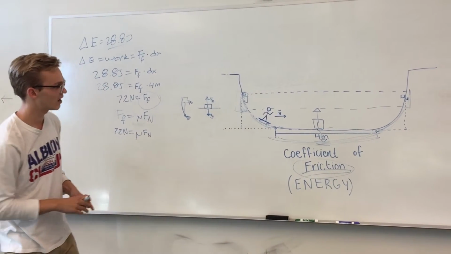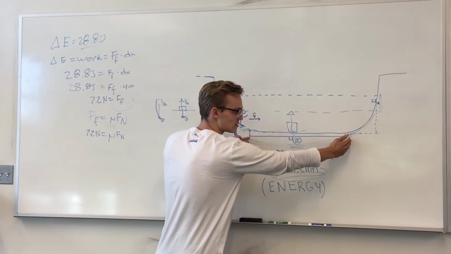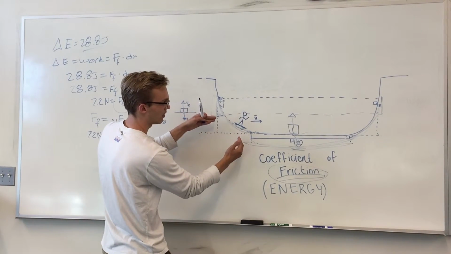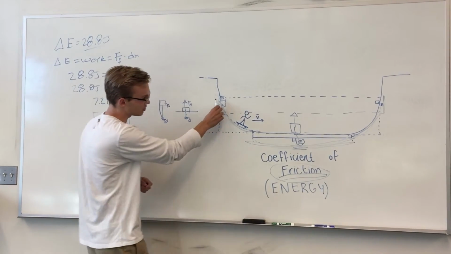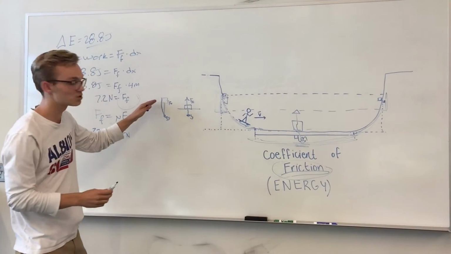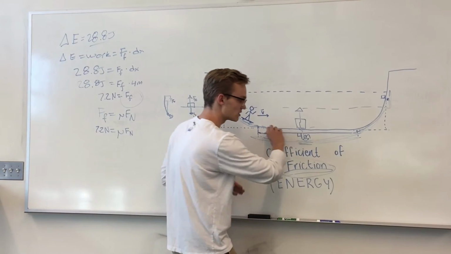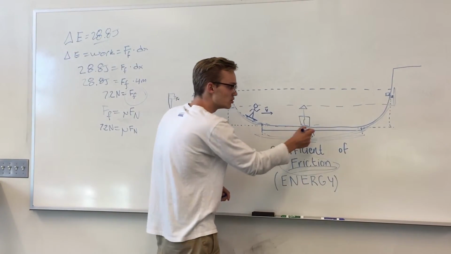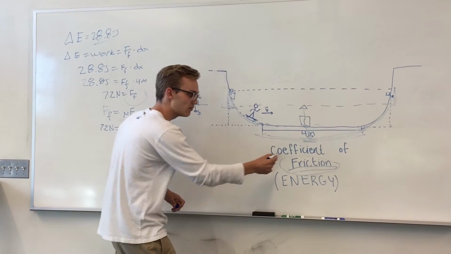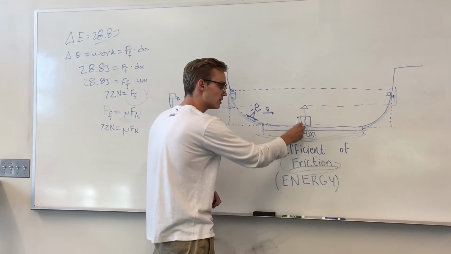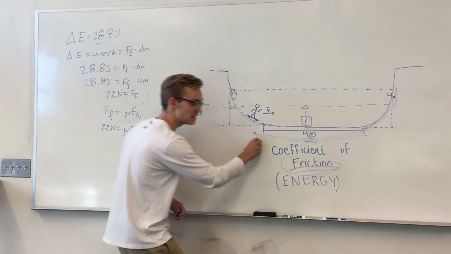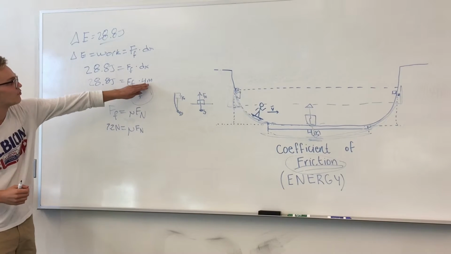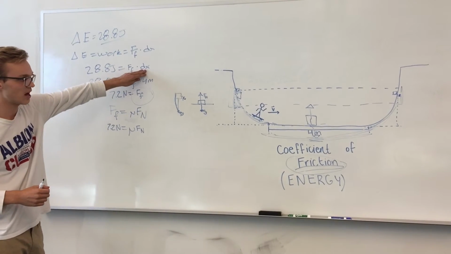So if we can compare the amount of time that he spends on level ground compared to how much time he spends here, and realize that the normal force over here is going to be so small compared to the normal force when he's on level ground, we can kind of approximate and say that he's going to lose 90 to 95% of his energy to friction when the normal force is greatest, when he's in these 4 meters, right? And that's why we used 4 meters as our distance traveled, right?